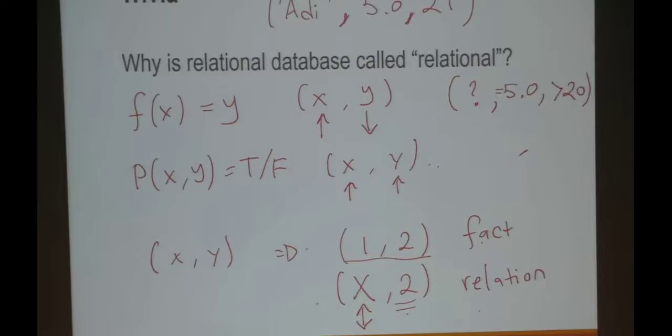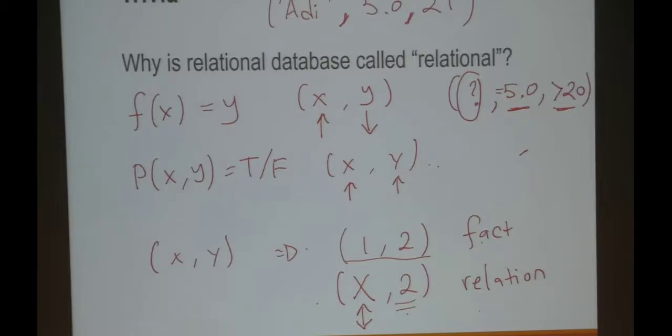So now it's a relation. I want to find all this question mark value such that the grade equals 5.0 and the age is greater than 20. Then it will find me all the tuples that satisfy that. In the case of Prolog, they have only one algorithm, which is the unification algorithm. In SQL, you have many different implementations. But this is the reason why it's called a relational database.